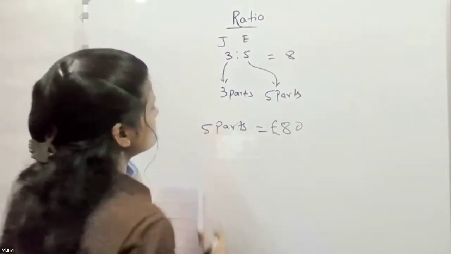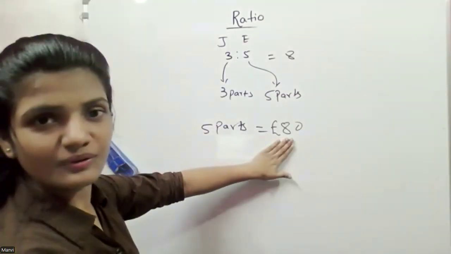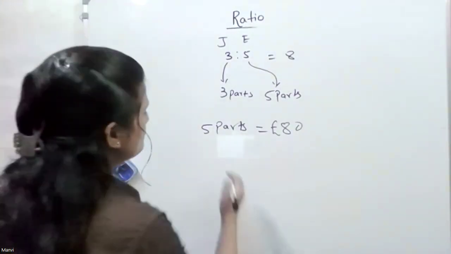This 5 parts equals 80 pounds. Now, 1 part equals what?